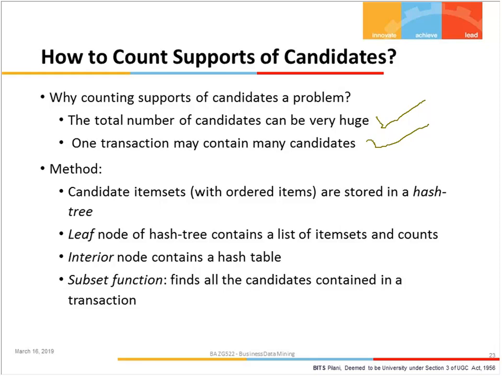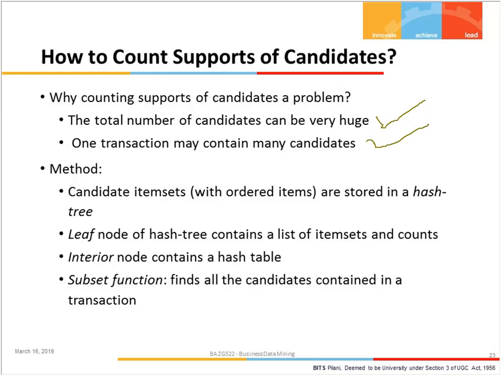Each item may have a product code, which is a number, and for those numbers we can easily create an increasing or decreasing order. So whenever we have item sets, we organize them into ordered item sets and then store them in the hash tree.